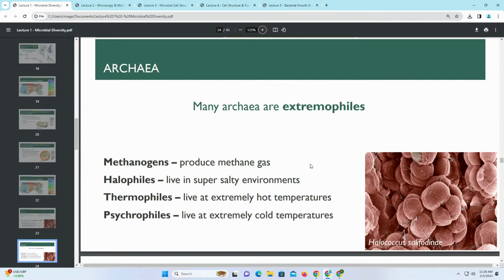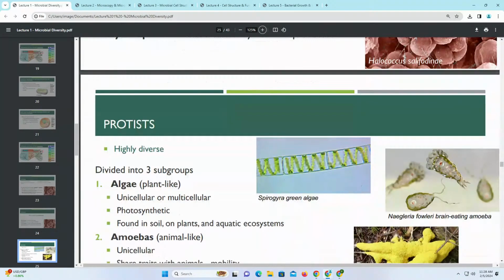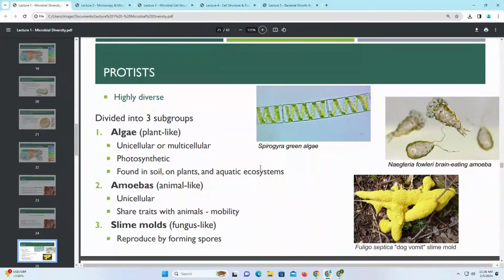For protists, these are very diverse, so this one could get a little bit convoluted. It's important to know that algae are plant-like, and so they can photosynthesize. If you think of green algae, green, you can think photosynthesis.